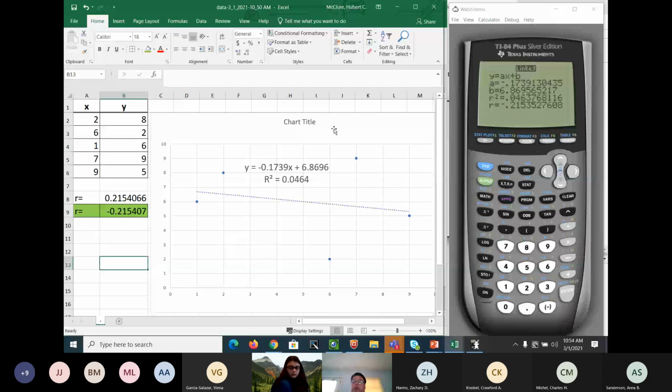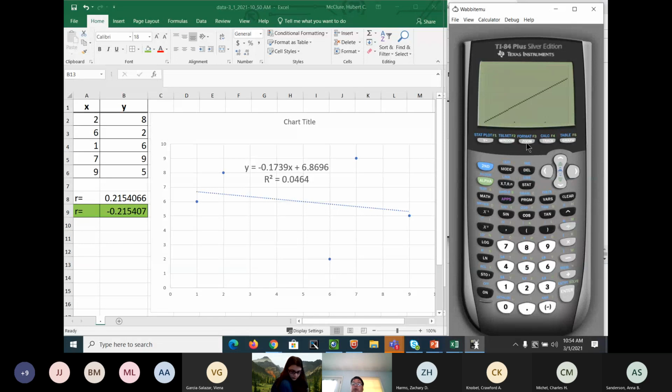Let's graph it. So second, stat plot. And go down to everything's on, hit on, and graph. And zoom 9. And y is equal to negative 0.1739x plus, I'm sorry, 6.8696.